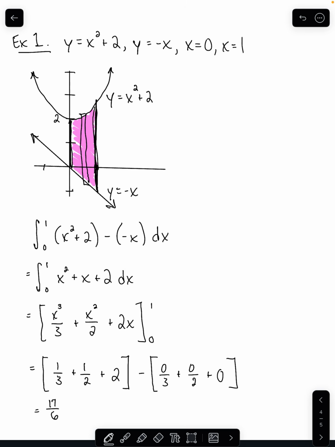Now this can be verified using the calculator, but unfortunately, the calculator is not going to be able to process a region that is bound by two functions such as this. So we will not be able to draw this region on the calculator and have it fill in the appropriate area the same way we would a regular definite integral.